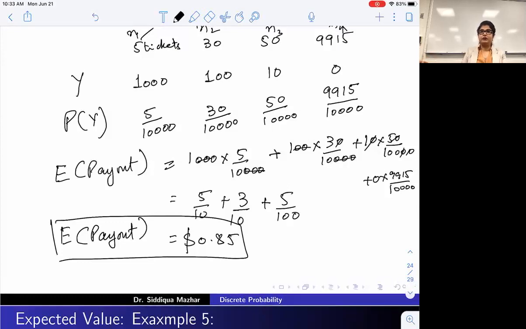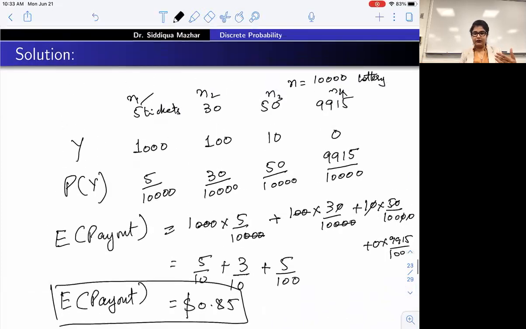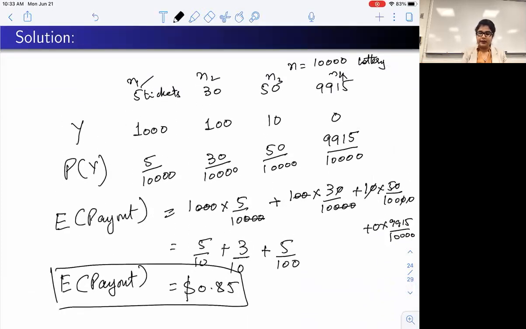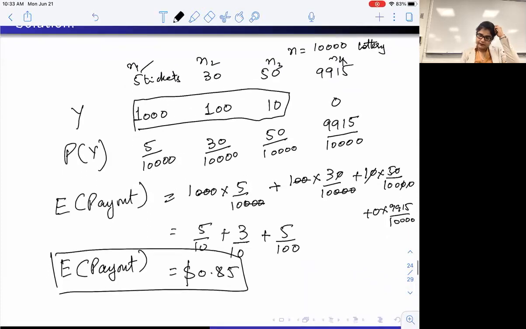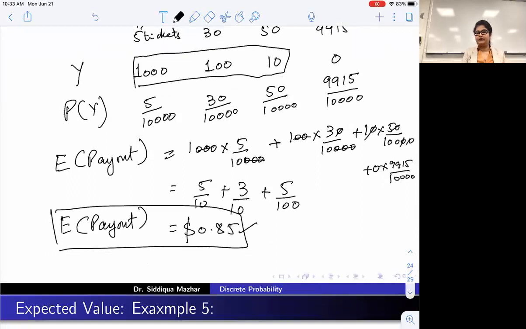The payout will be 0.85 times 10,000, which is 8,500 something, but the profit they get is $1,500. So it is not a good deal for us to play this game because on each dollar you are losing 15 cents.